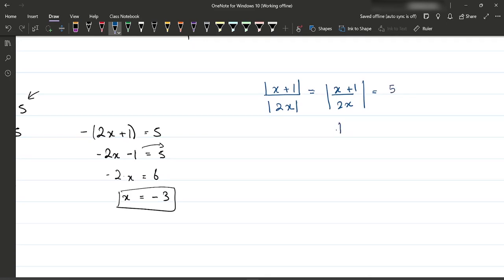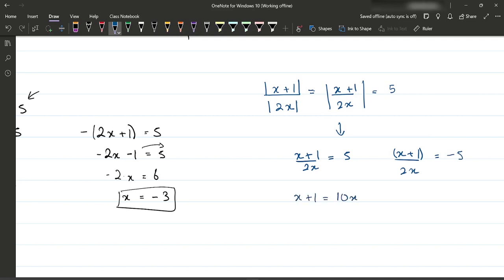All you have to do is say x plus 1 over 2x equals 5, and x plus 1 over 2x is also equals minus 5, by dividing on both sides by minus 1. This makes it a bit easier for me.